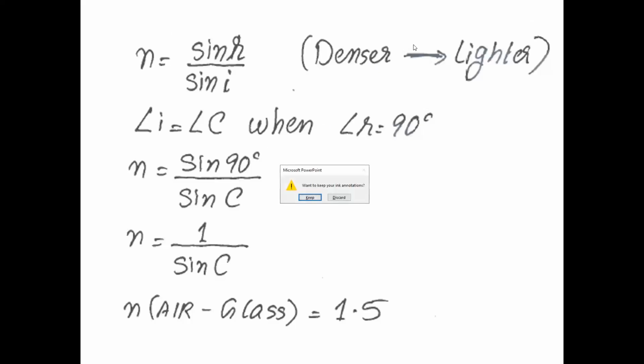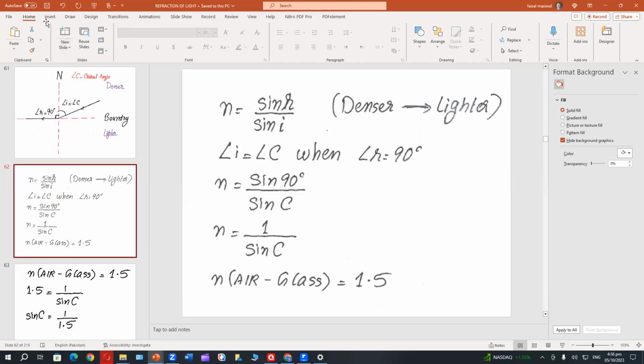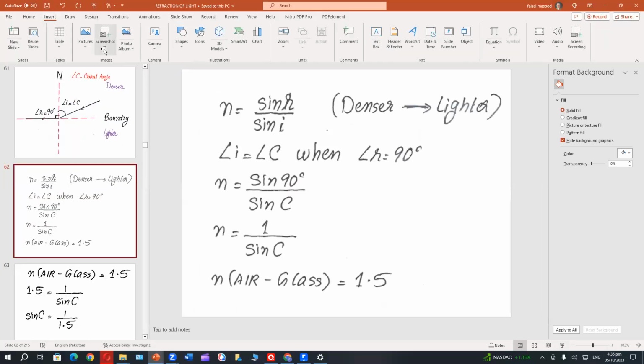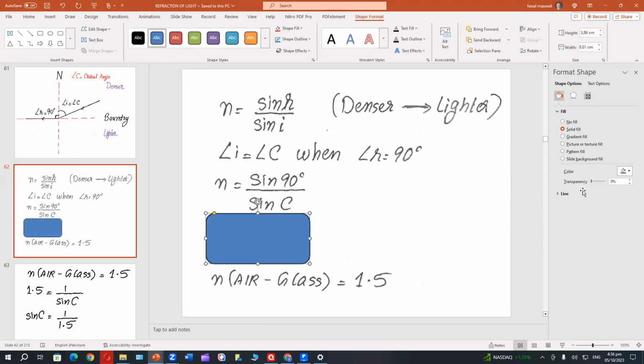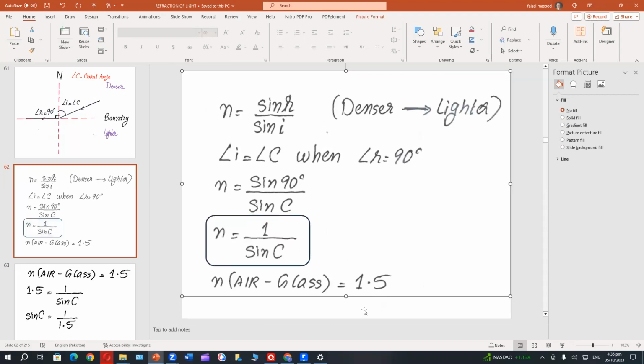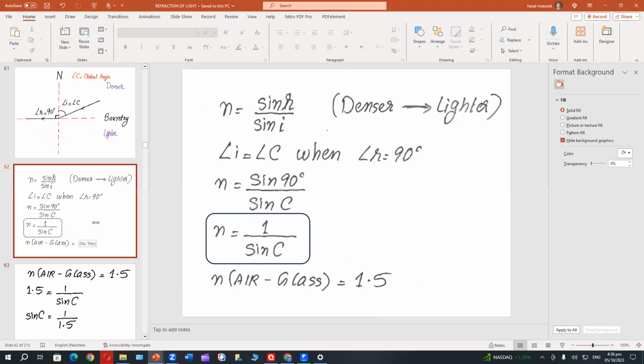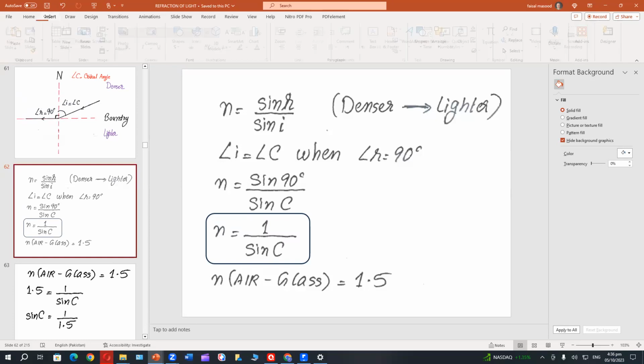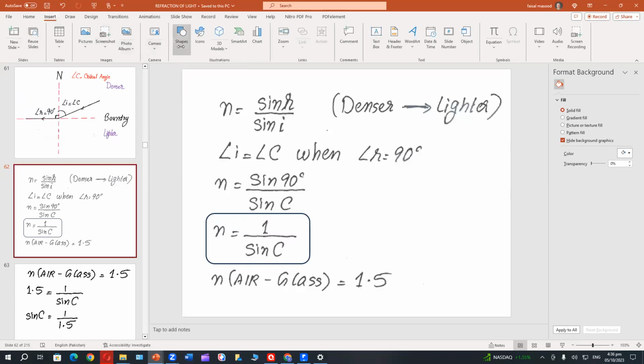So give a side heading, derivation. This is actually a small derivation which is used to show how we can find the formula for the critical angle.